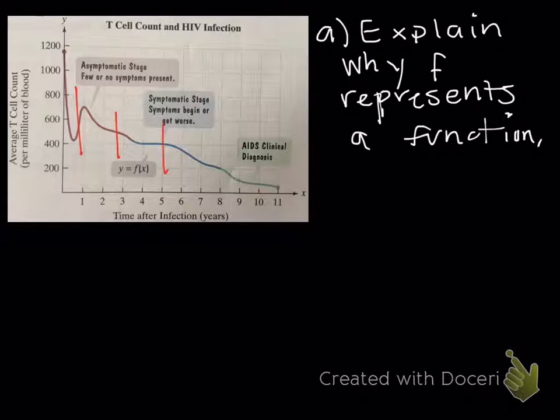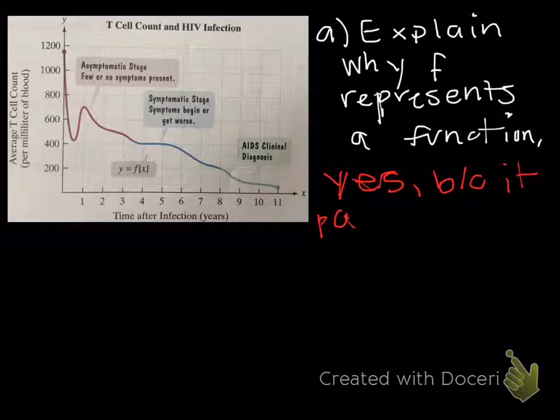If I draw a vertical line anywhere on this graph, it's never going to cross more than one time. So that means it's a function. So your answer could say yes. Yes, it's a function because it passes the vertical line test. And again, this is something we learned last year in Algebra 2.